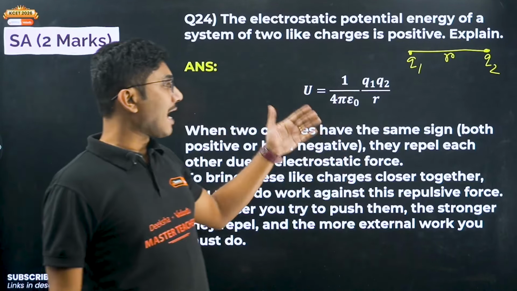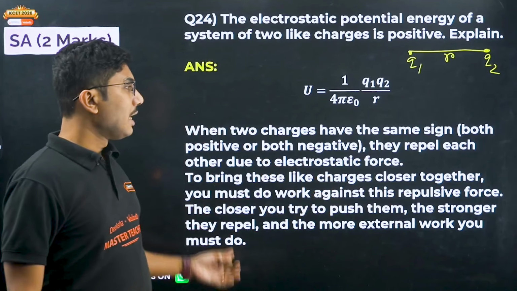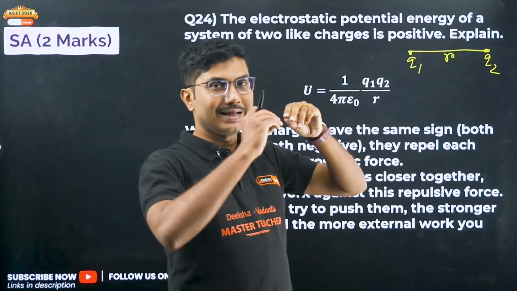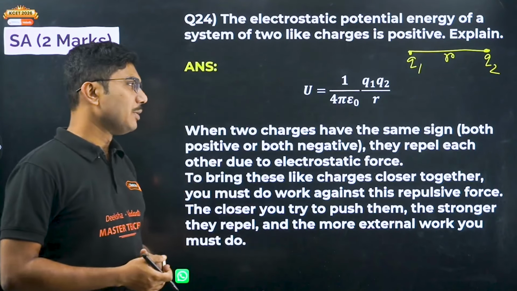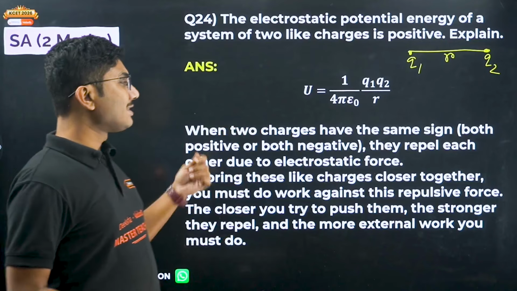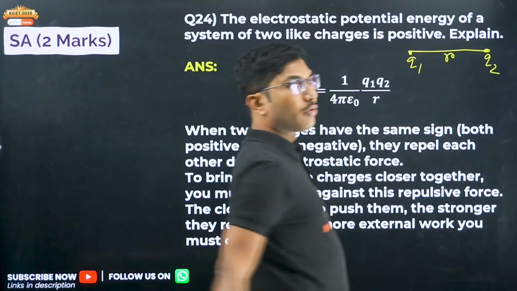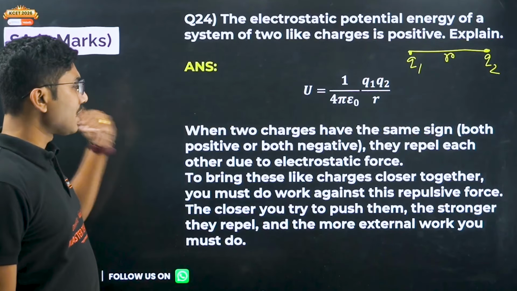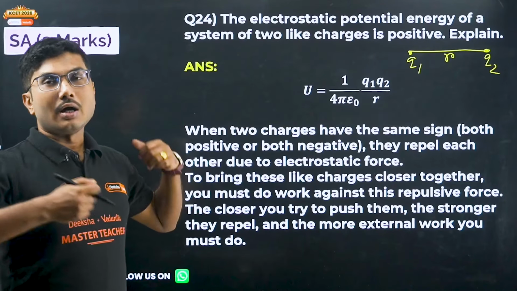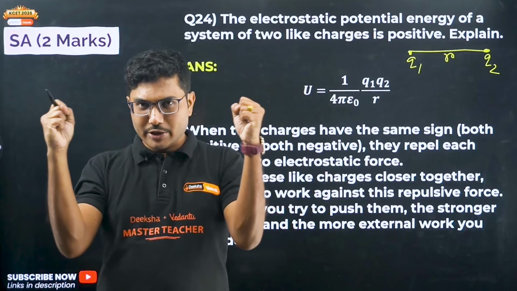When 2 charges have the same sign, both can be positive or both can be negative, they repel each other. Like charges repel each other due to electrostatic force. To bring these charges closer together, if I want to make the distance smaller, you must do work against this repulsive force. When charges are repelling each other, they are trying to move away, but what you are trying to do is bring them closer.